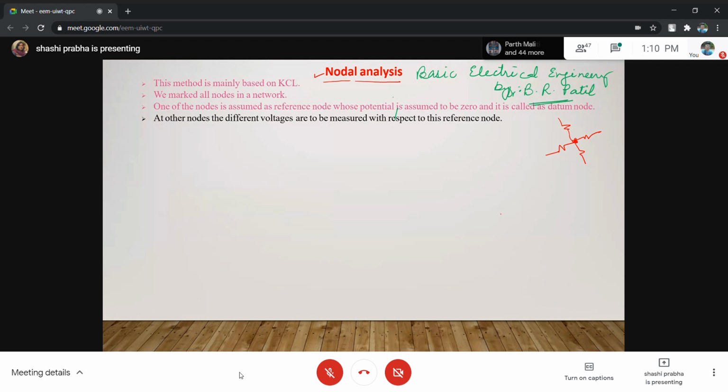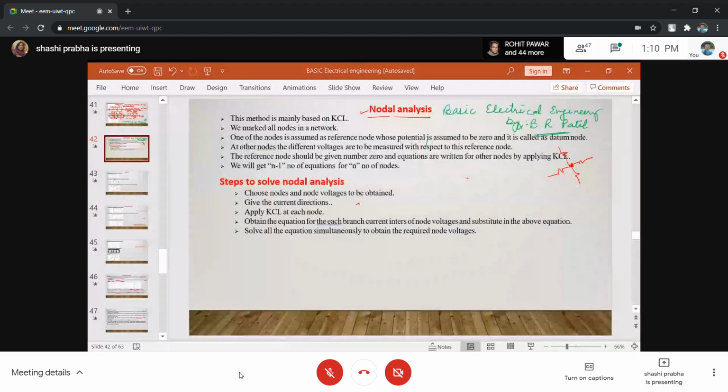For example, suppose you take this one as a reference. To take this as a reference, one second, I'll select a bigger cursor. That will be better.